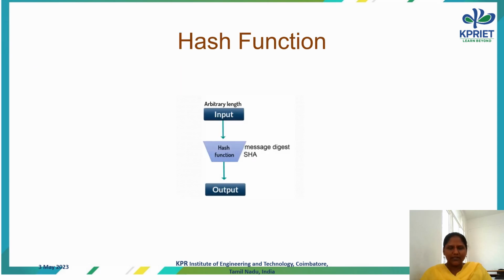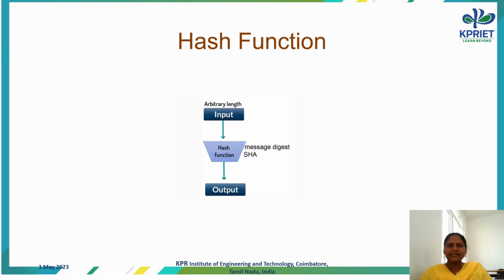As I mentioned already, if you pass any length of input to the hash function, it is going to produce a fixed length of output. Say for example, if you pass a single letter to the SHA function, it is going to produce the fixed length of output. In case of SHA-256, the output will be of length 256. Suppose you pass one line of input to the hash function, again it is going to produce the same fixed length of 256 characters as an output.